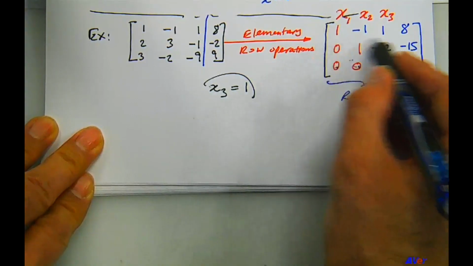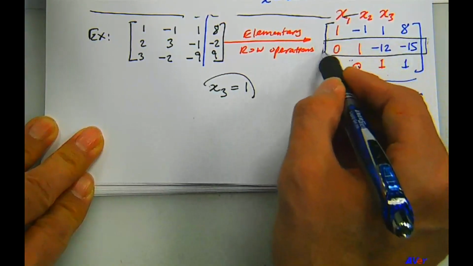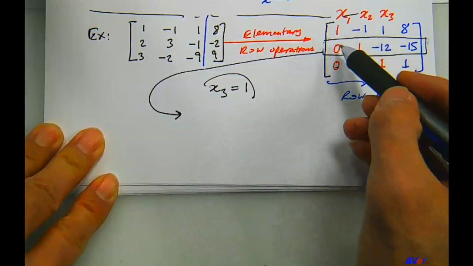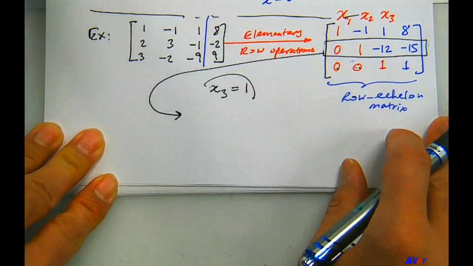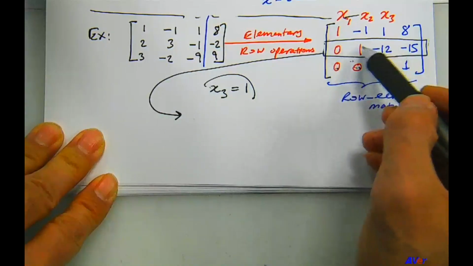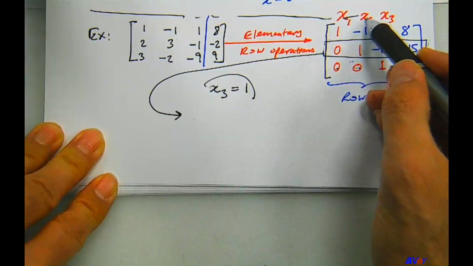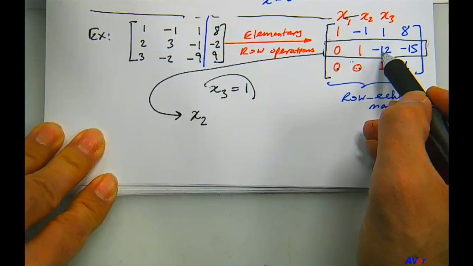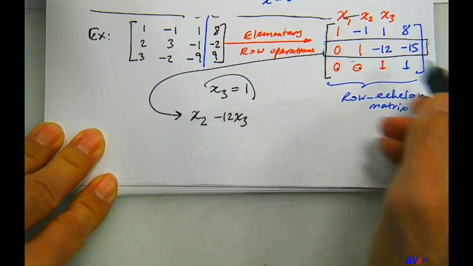And let's use these numbers to write an equation. Is there going to be an x1 in this equation? No. The reason is the coefficient of x1 in this row is 0. So x1 drops out. 1 times x2, yes, we can write that down. Minus 12 times x3, we can write that.